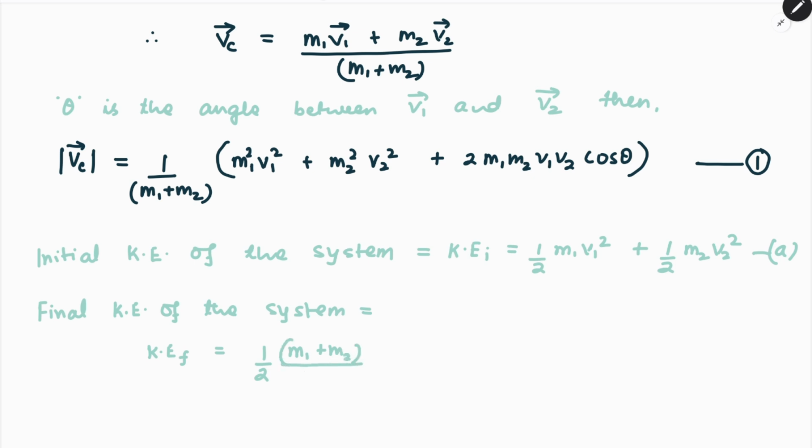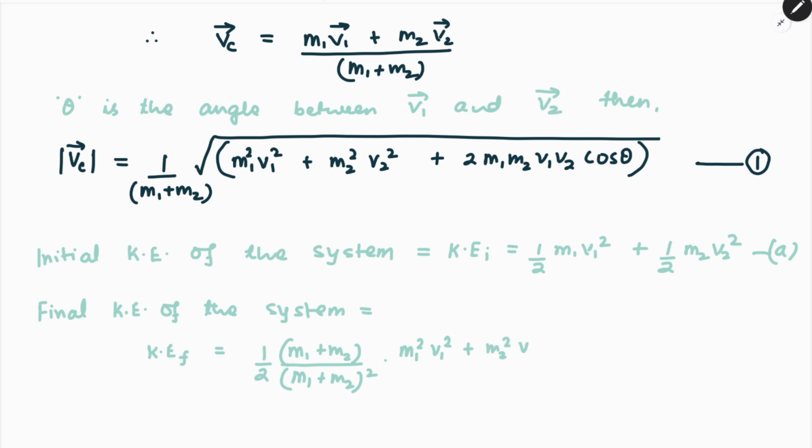So Vc square has m1 plus m2 squared in the denominator, followed by m1 square v1 square plus m2 square v2 square plus twice m1 m2 v1 v2 cos theta.